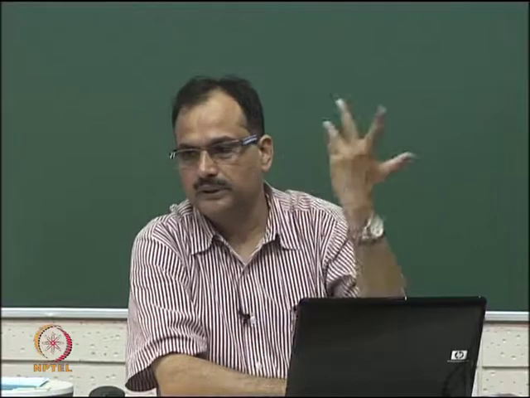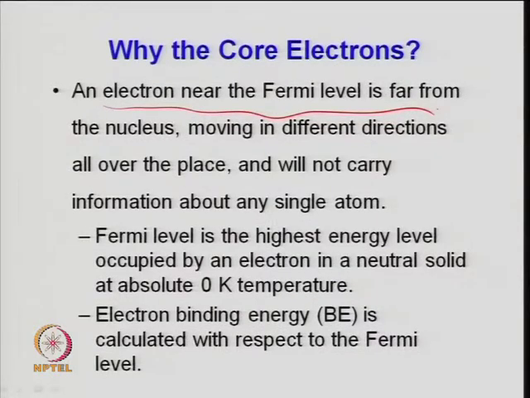Lowest energy is at the vacuum level, and below the Fermi level there is energy. This may not give you useful information about any single atom, but if you have the core electron, you get useful information, because they are bound to the nuclei.